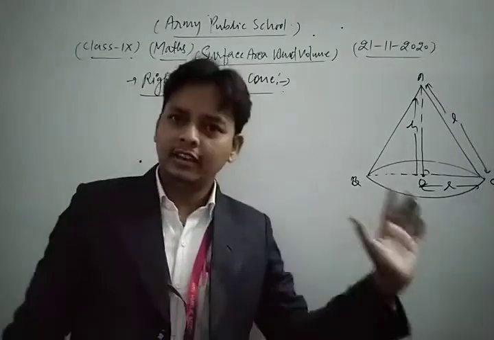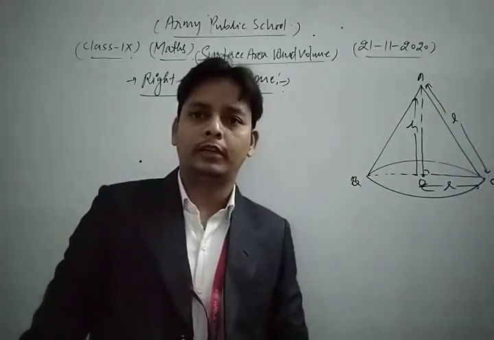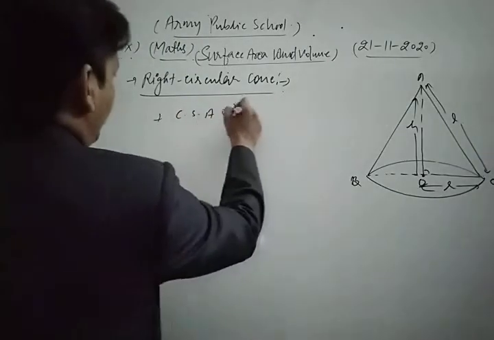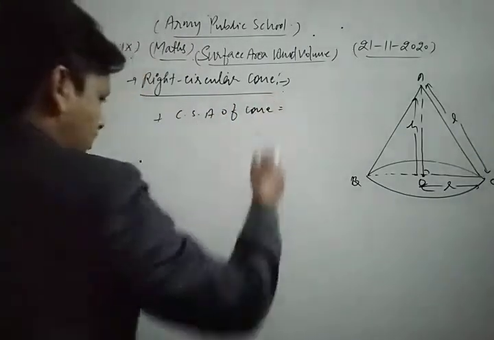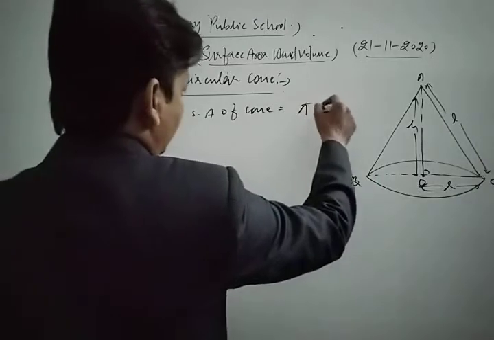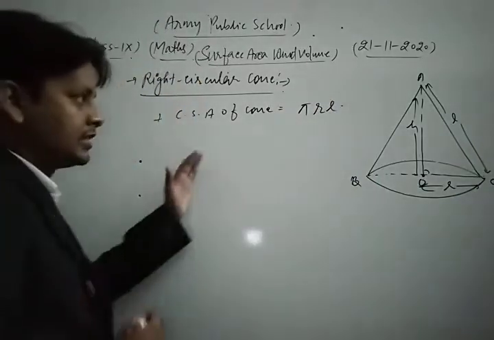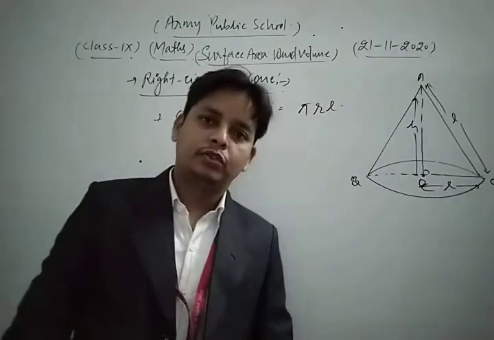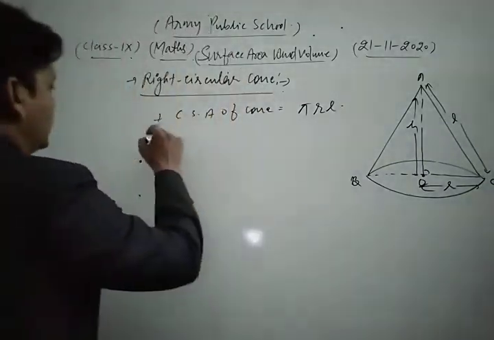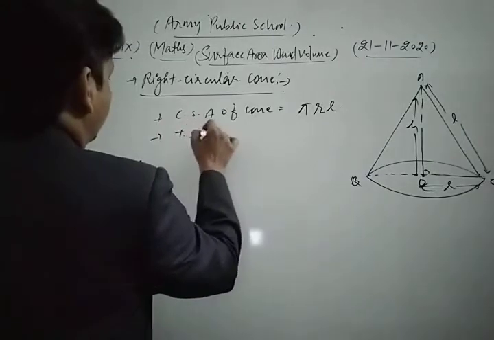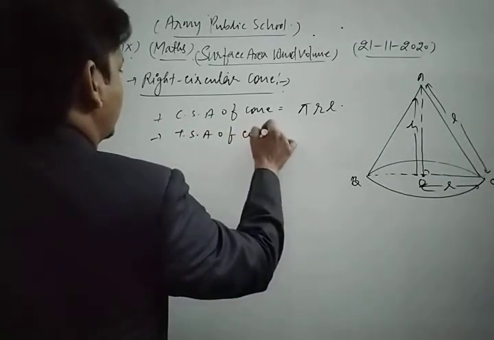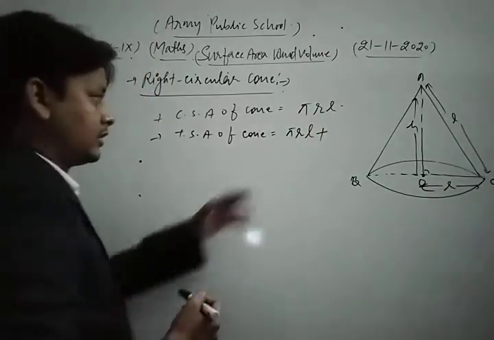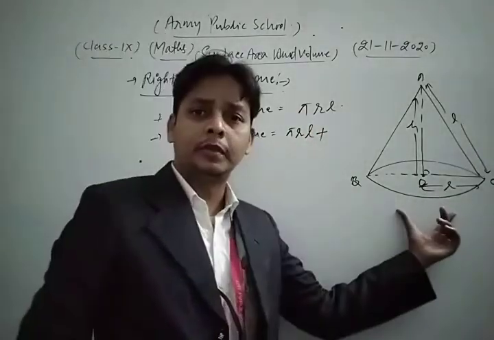Okay, in the cone there are important formulas, like, first, the curved surface area of the cone. Dear students, the curved surface area of the cone is pi r l. This is the formula for the curved surface area of the cone. Similarly, the formula for the total surface area of the cone is pi r l, meaning its curved surface area, plus the area of its base.